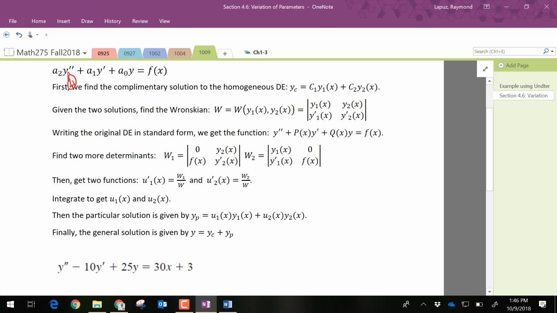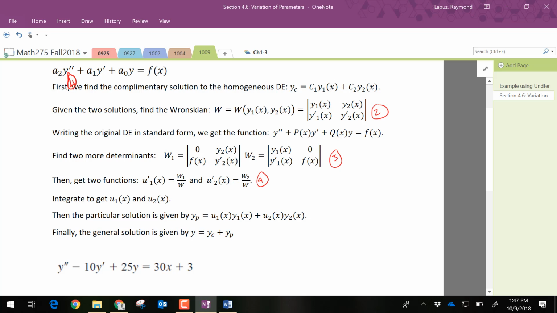Then you do your Wronskians, and then you find your modified Wronskians, and then you set u1 and u2 primes, the derivatives, equal to these things.